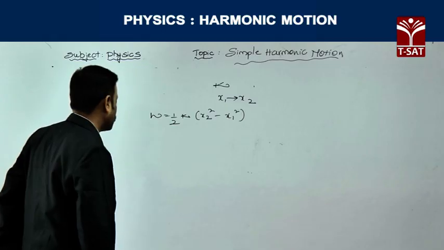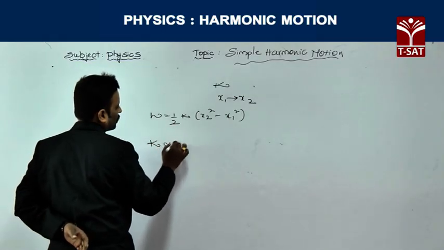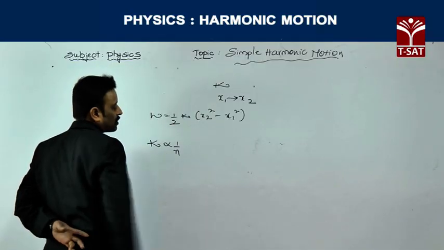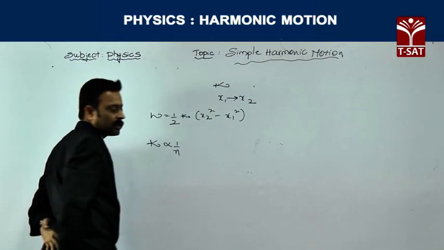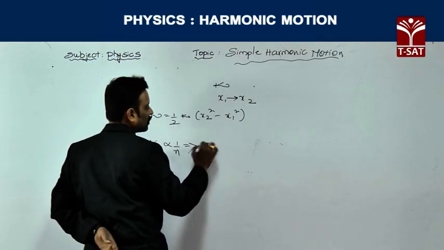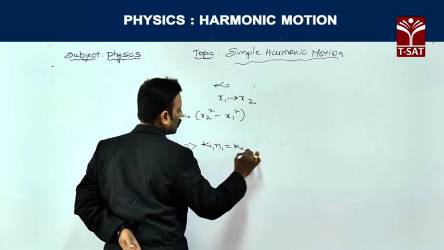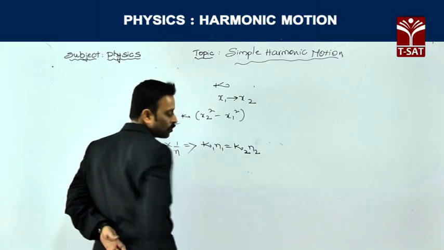Then the relation between spring constant and number of turns: they are inversely proportional to each other, so k1 n1 is equal to k2 n2.